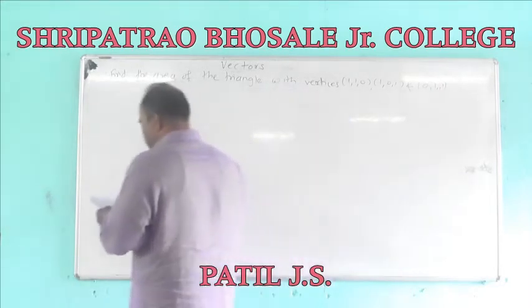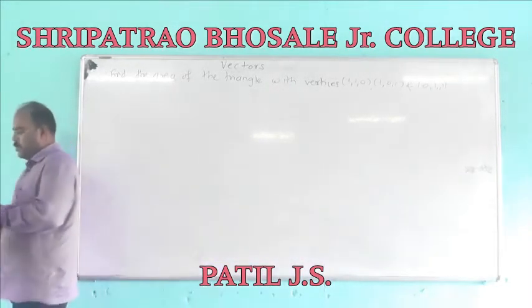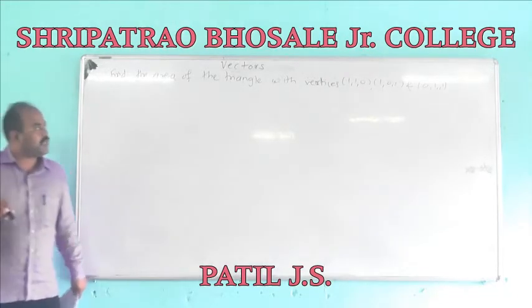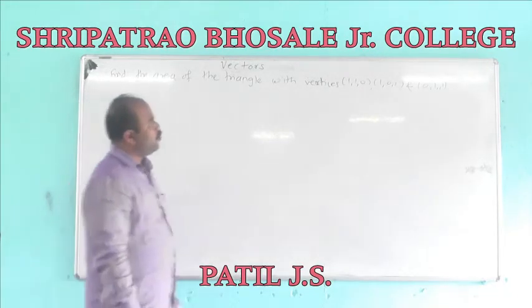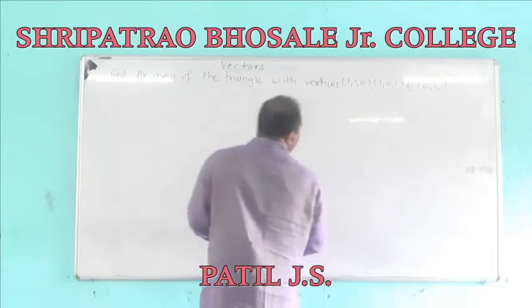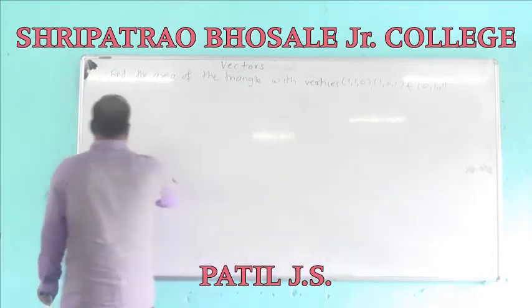Find the area of the triangle whose vertices, vertex means point, are 1, 1, 0; 1, 0, 1; and 0, 1, 1.